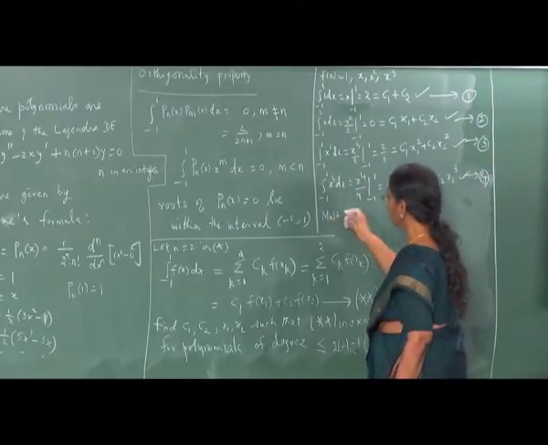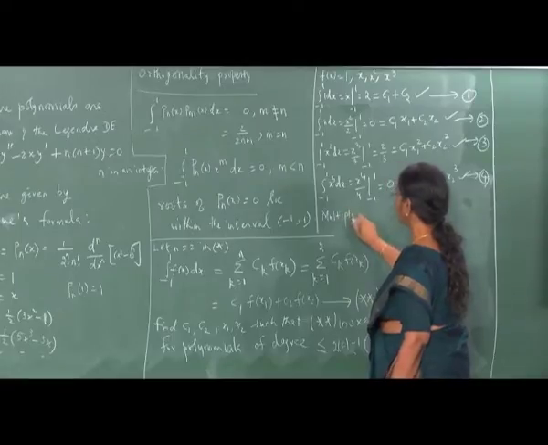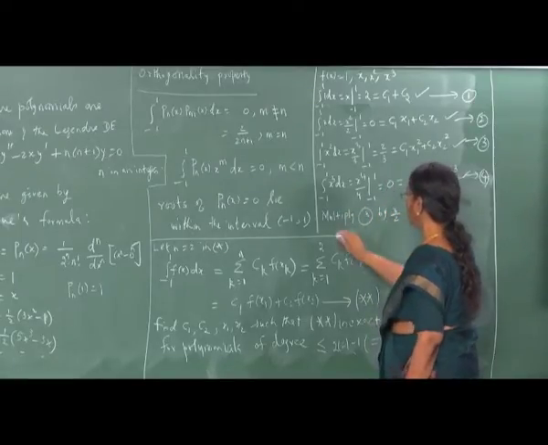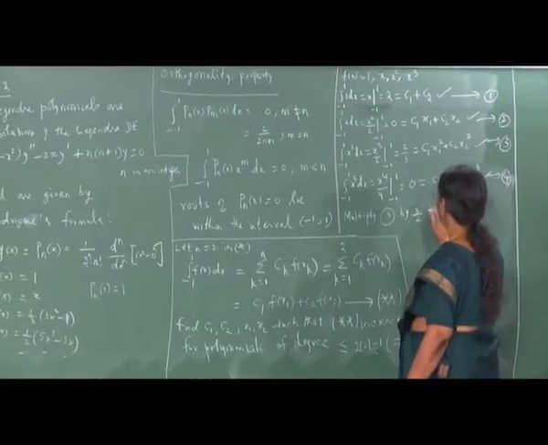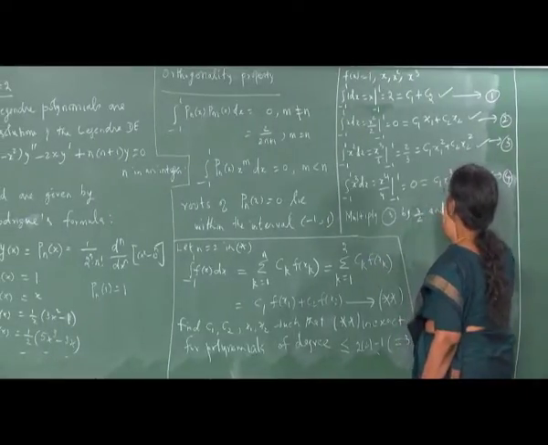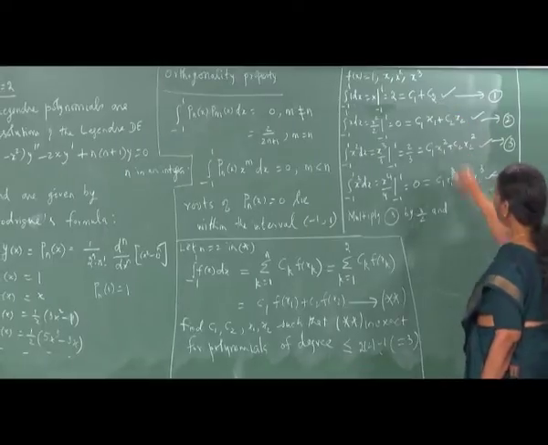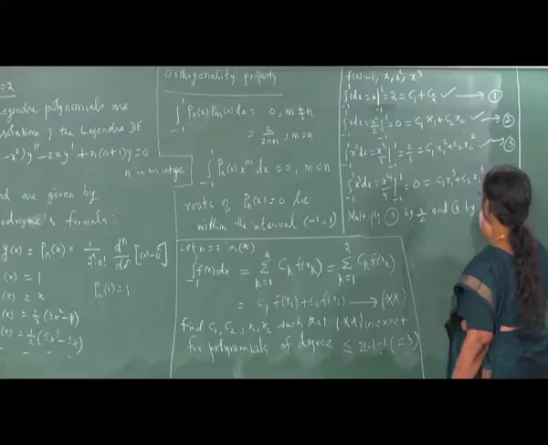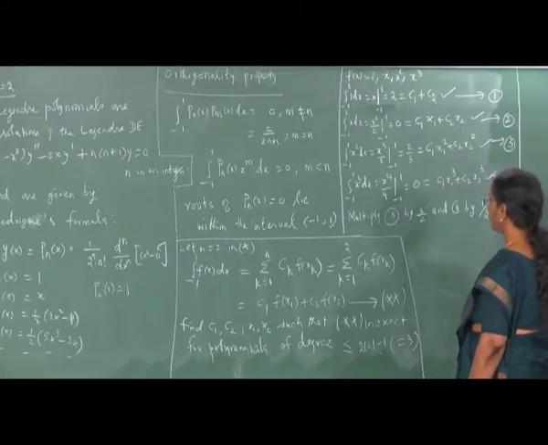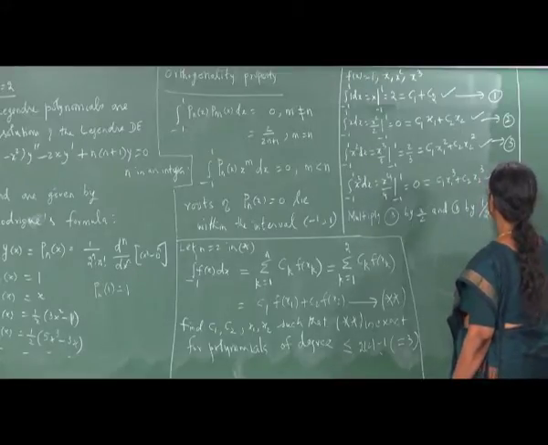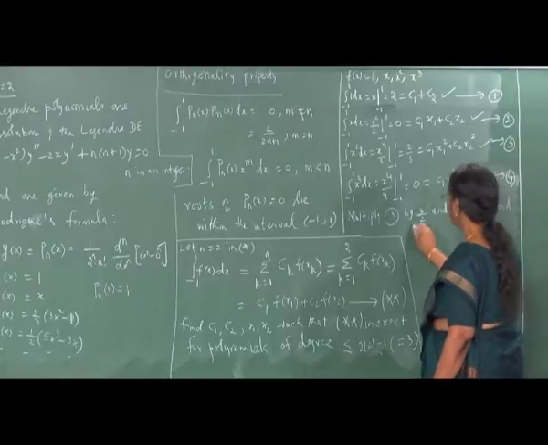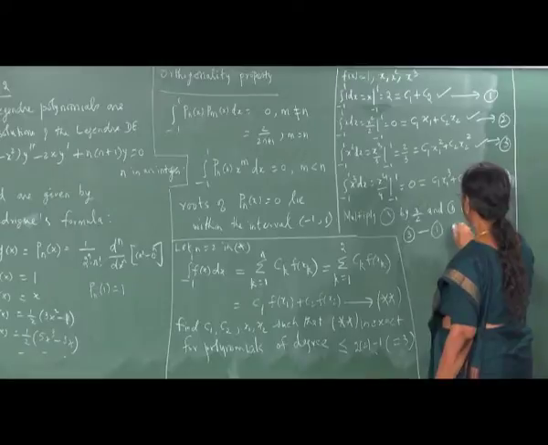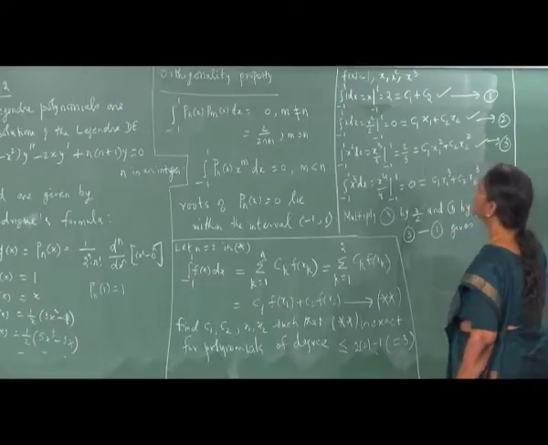So, you will understand why we do this. So, multiply equation 3 by 3 by 2 and equation 1 by half and the resulting equation 3 minus 1 gives the following.